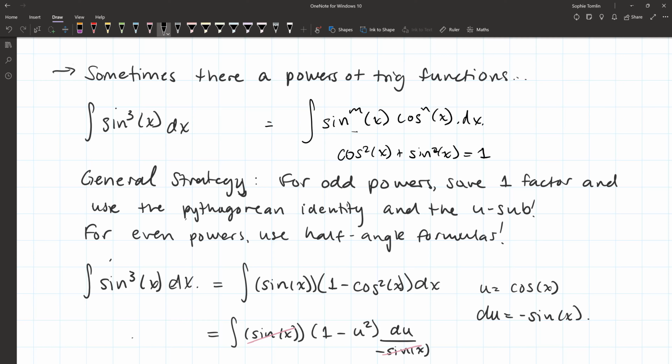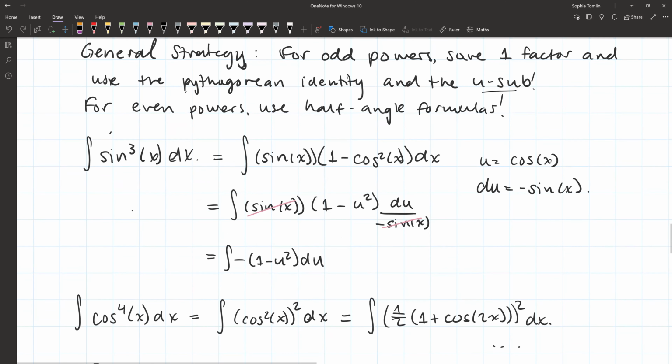We can rearrange this sometimes, so if we want cos squared x by itself, we have 1 minus sine squared of x. Once you do that, you want to do u substitution. And if you just have even powers, you want to use your half angle formula, which I think I mentioned a little bit later on.